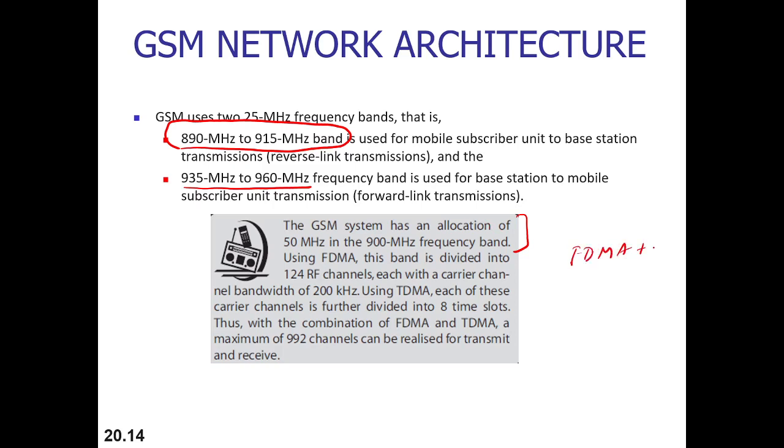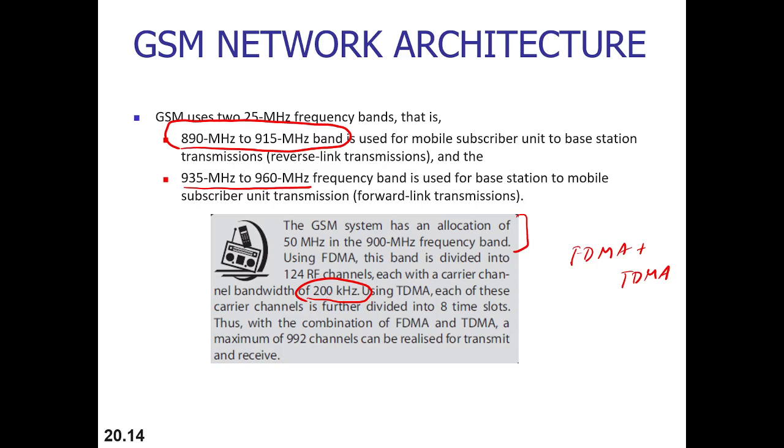Which means, of the 25 megahertz that you have for the uplink and the downlink separately, you're going to divide that into RF channels. Every carrier channel has a bandwidth of 200 kilohertz, and we're going to have 124 RF channels.